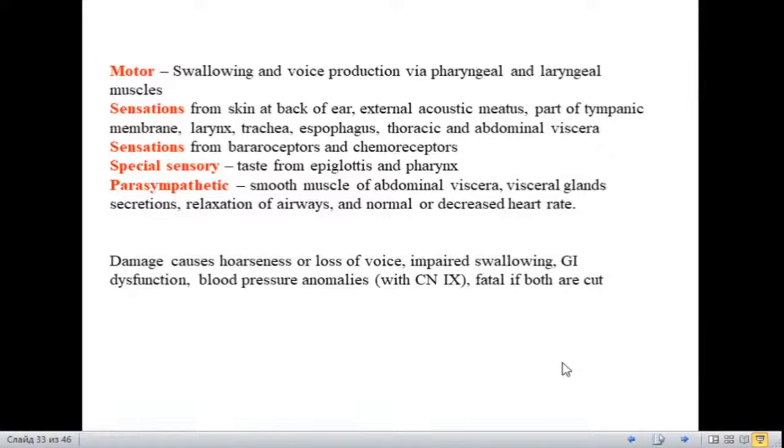So, damage to vagus nerve causes hoarseness or loss of voice, impaired swallowing, dysfunction of gastrointestinal tract, blood pressure anomalies, and in case of bilateral damage, it causes death.